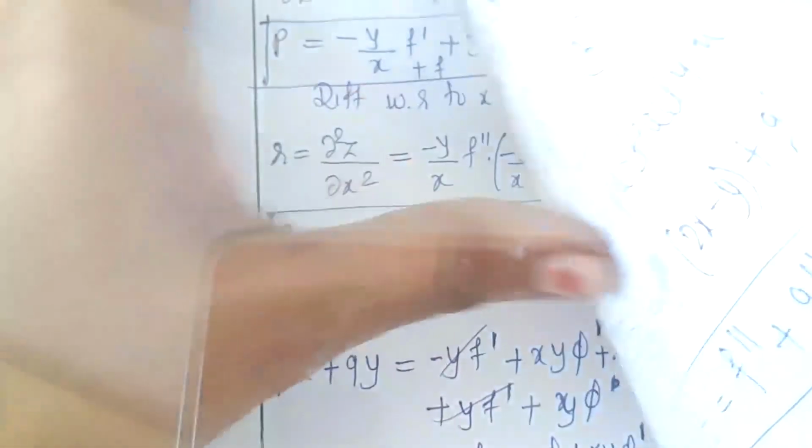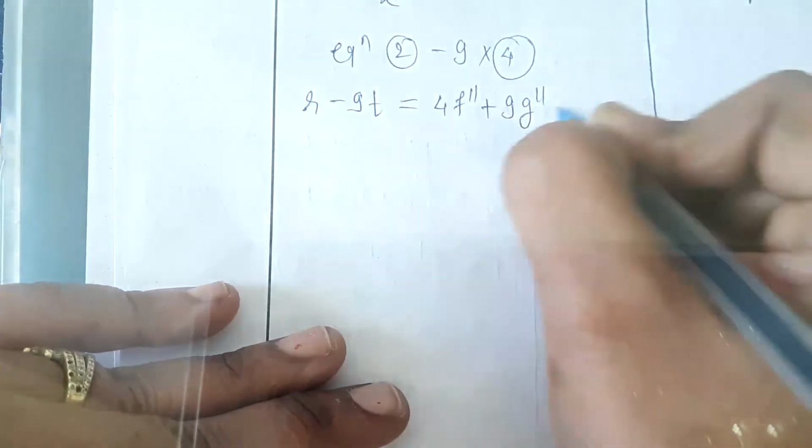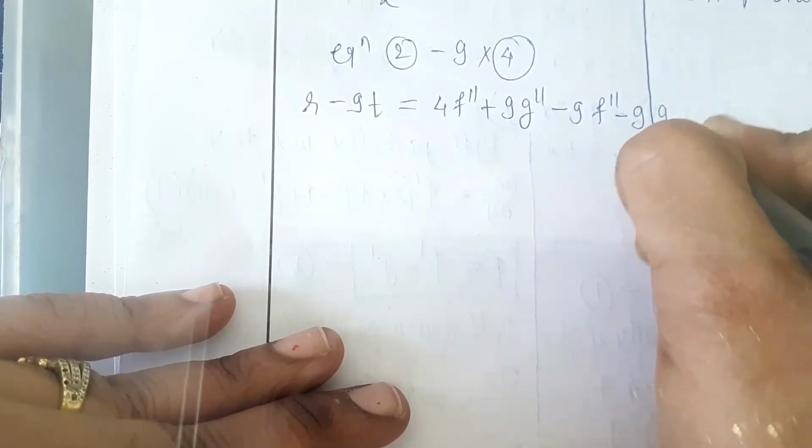So the left side is r minus 9t, equal to 4 times f double dash plus 9 times g double dash, minus 9 times f double dash minus 9 times g double dash.